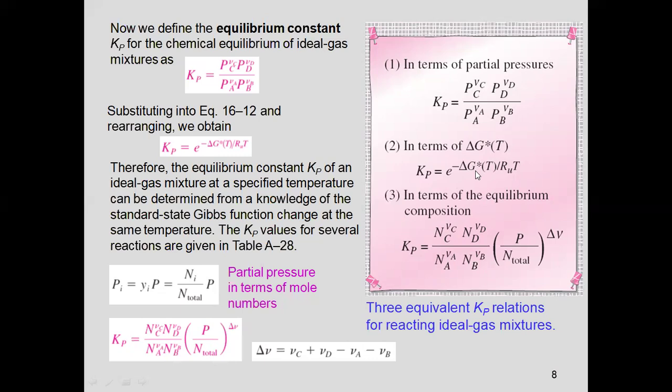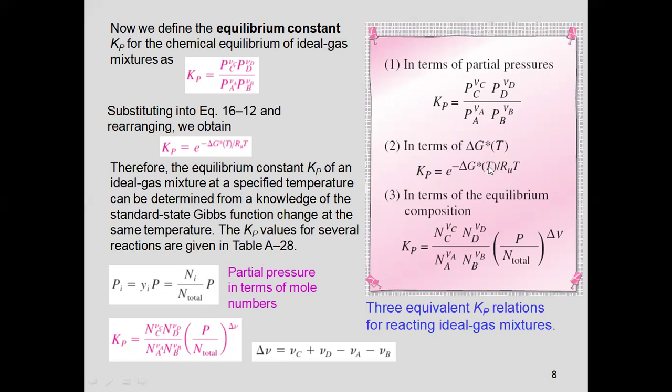Delta G star is basically, what is star? Here star means at standard pressure, and the temperature is the temperature at which the reaction is taking place. That temperature is any temperature at which the reaction takes place, starting from the reactants up to the equilibrium condition. We are considering that the temperature is constant, the specified temperature.